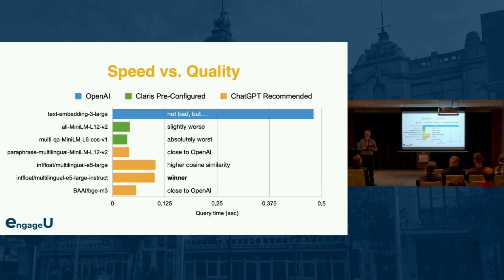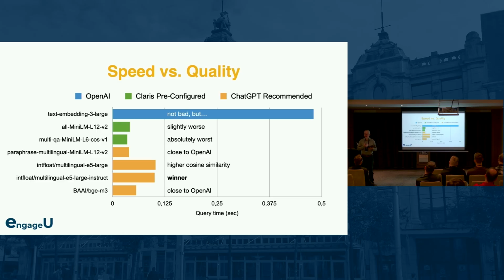With some of the built-in models that come pre-configured from Claris, I guess that's mostly because of the language, because they were primarily targeted at English, it was quite bad. For instance, when I was asking for the Christmas movie that would be suitable for children, it recommended some really adult kind of comedy, even though it was Christmas related.